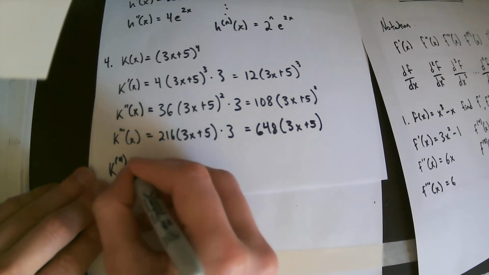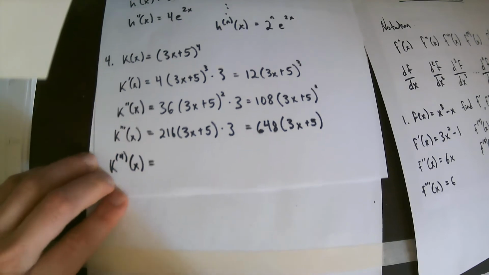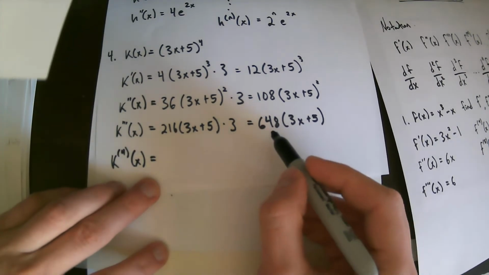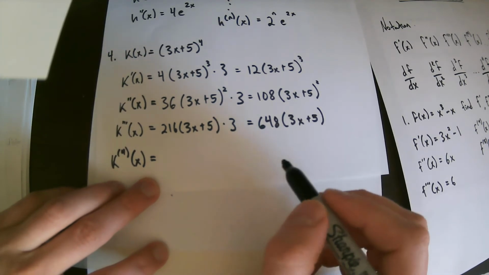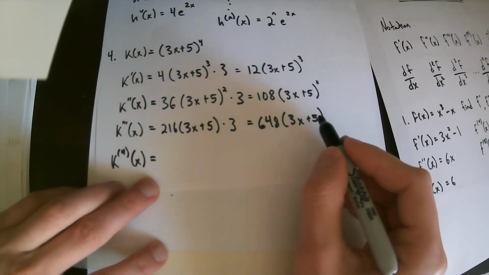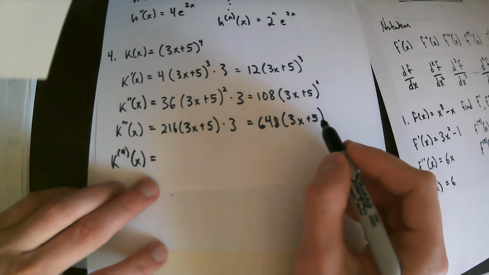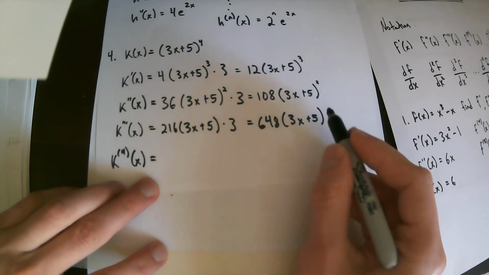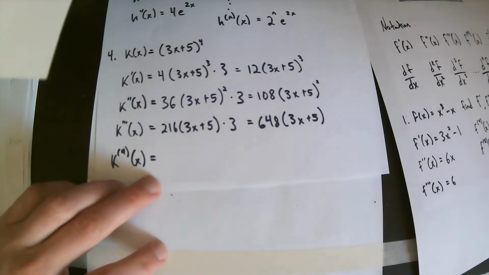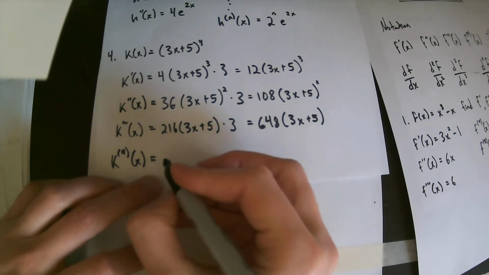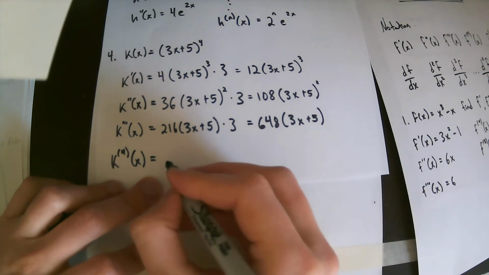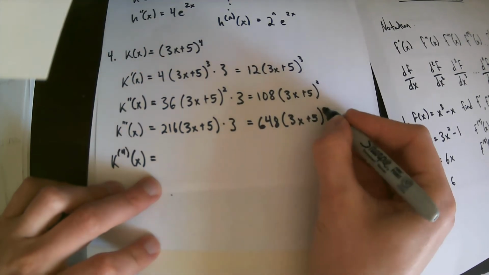The fourth derivative of k will just be derivative of the outer. Maybe this does get a little weird. It's fine though. This gets a little weird actually thinking of it like this, but remember that this exponent is 1 here.